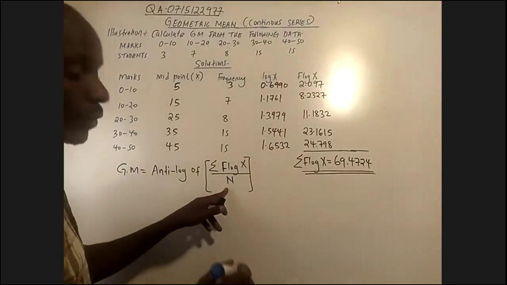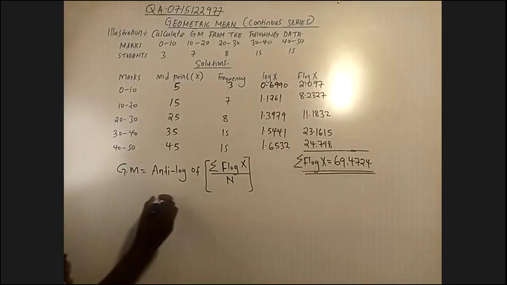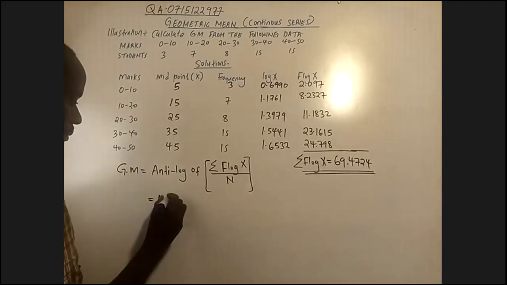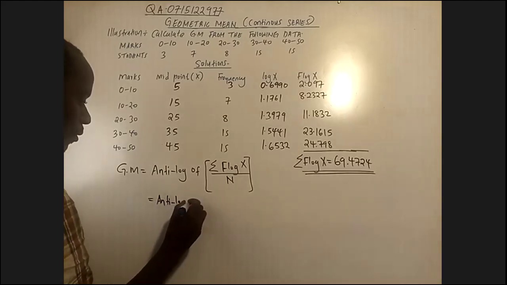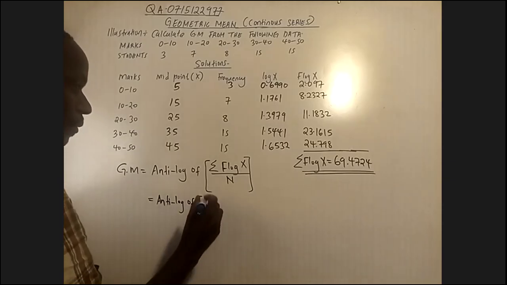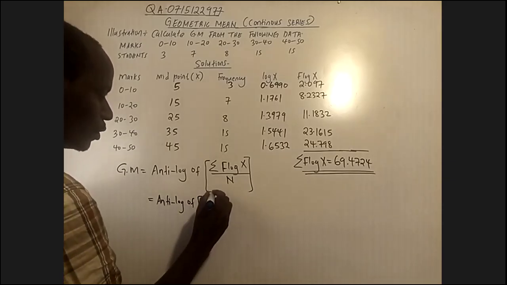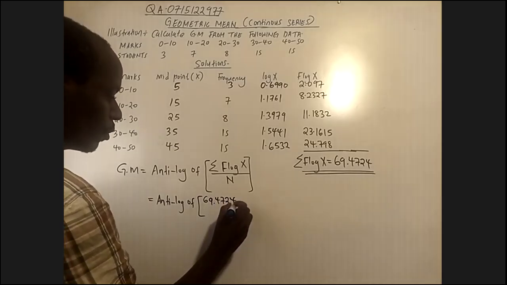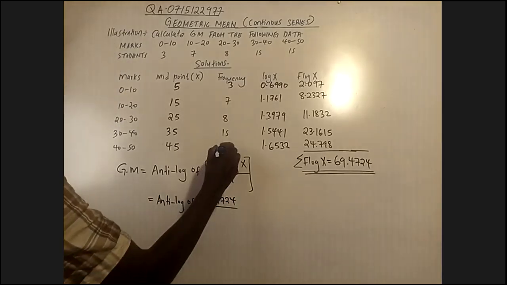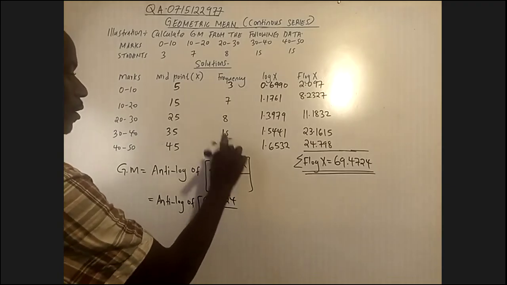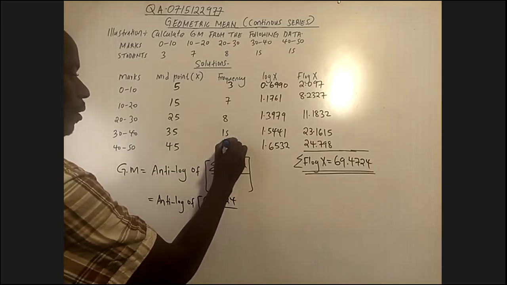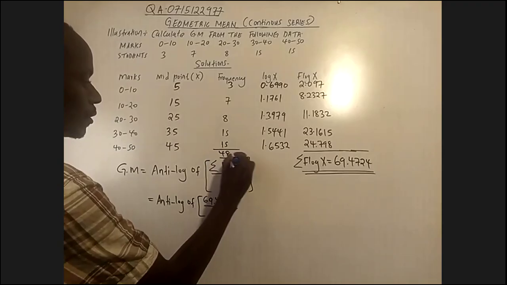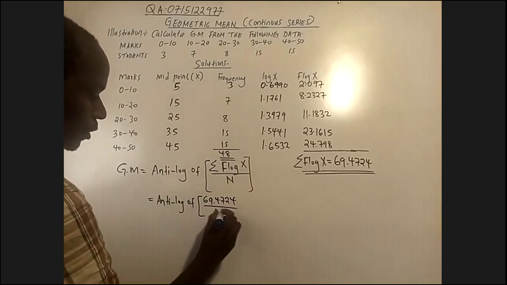But remember, n is the total frequency. It will be the antilog of 69.4724. What is the total frequency? 48. So 48 over 48.